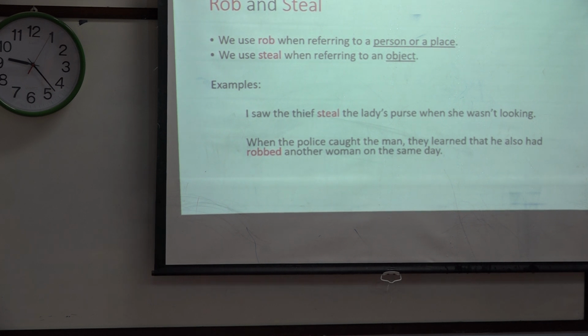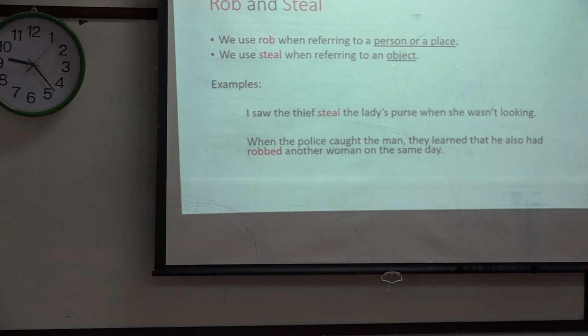I have robbed you of your purse. But if we were only referring to the purse, we would say the man stole your purse, but he robbed you.